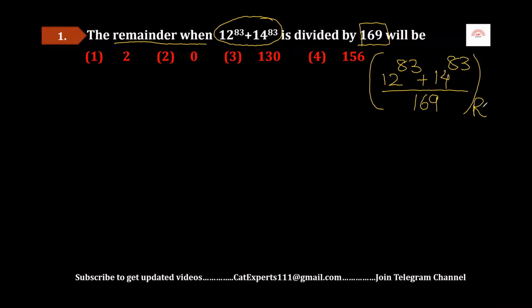If you look at the given number that is to be divided, we can see this number 12 is nearer to 13. Similarly, 14 is also nearer to 13, and the number with which I want to divide it is 169, which is nothing but 13 square.